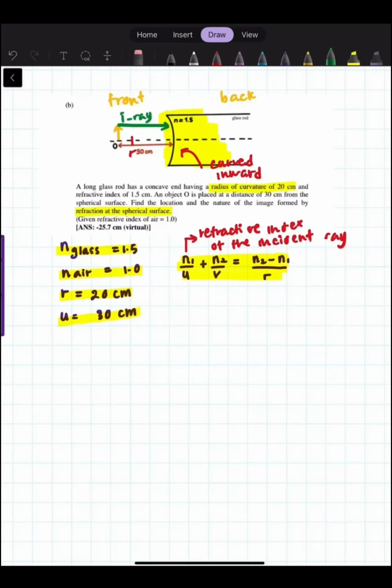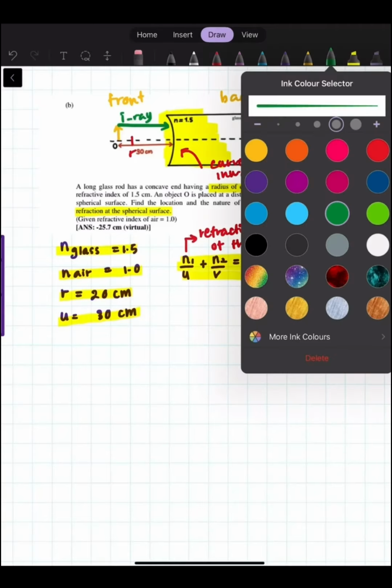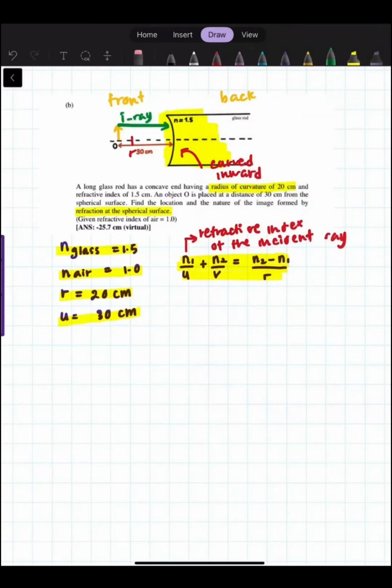That is for n1. n2 is the refractive index of the refracted ray. The refracted ray over here will go through the glass.